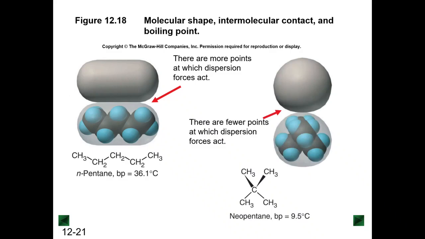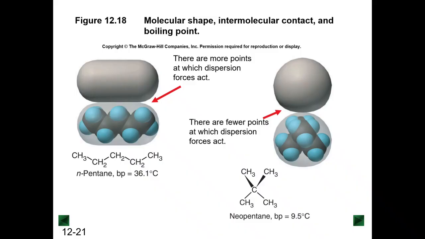Molecular shape can also affect this. So here we have two different molecules. We have pentane, which you learned about earlier this semester in naming compounds. That's C5H12. It has a boiling point of 36 degrees.